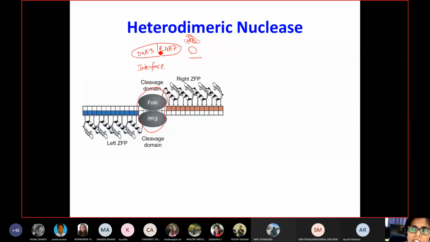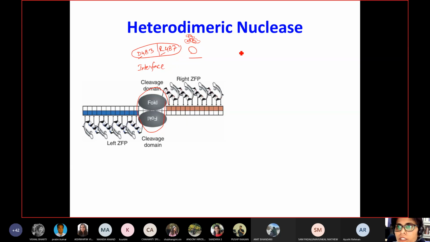So there I mentioned the interface of the FokI domain; you can remember the slide where I talked about the structure of the interface. Yes, ma'am. Okay. So there I also showed that apart from these prominent aspartic acid and arginine, there are other amino acids which also take part in making a dimer.